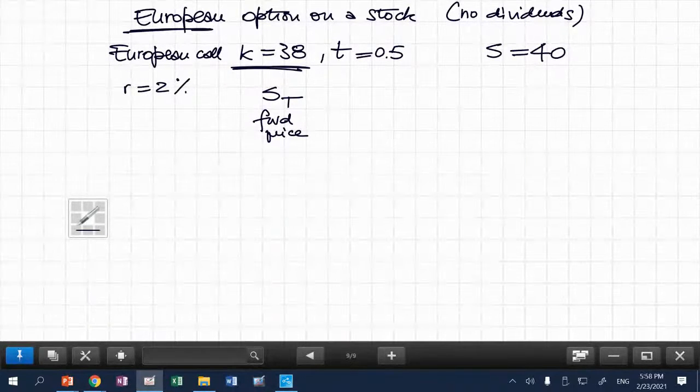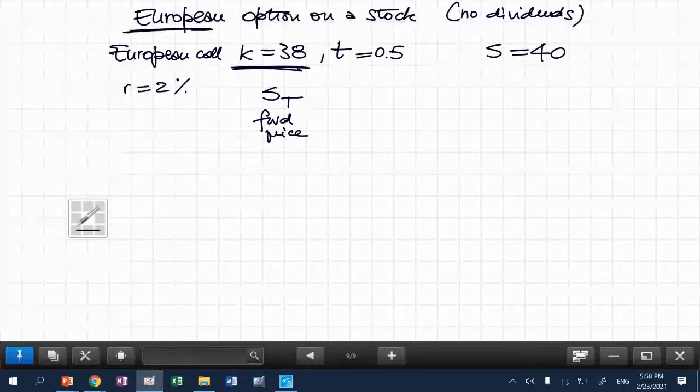Here I'm using ST to identify the forward price rather than F, simply because when I used F many years ago, everybody was confusing this with the future and it was a disaster. So ST is the forward price for the stock, okay?